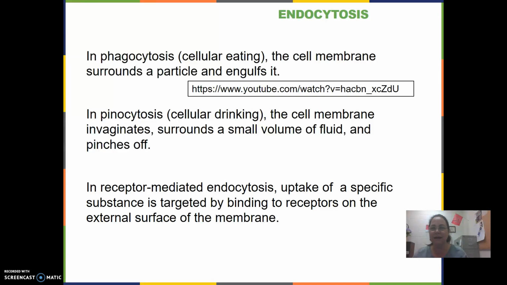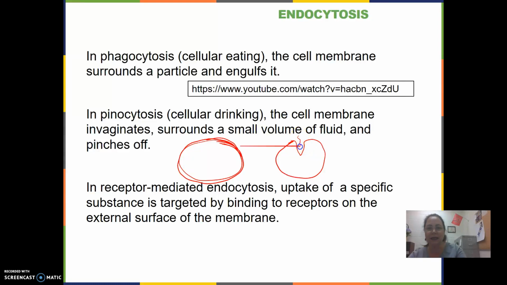That means it forms an indentation. If this is your cell, for example, to show you what invaginate looks like. If you think about the way that word sounds, it's like the cell is forming a vagina. That's what invaginate means. And it will surround a small volume of fluid.